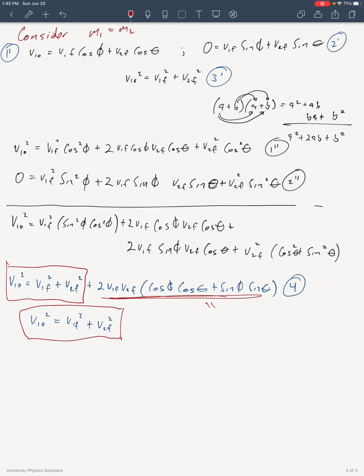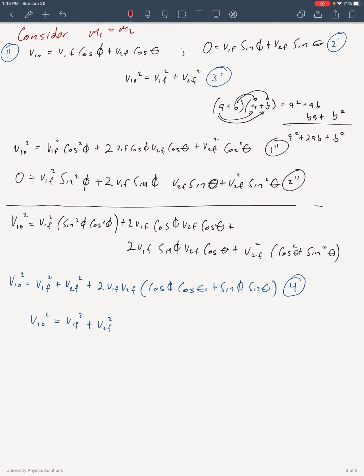In other words, if you had an equation like this, 3 is equal to 3 plus a, well then you know that that would be the case.